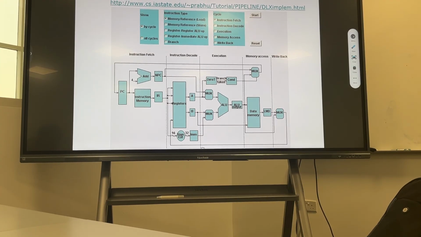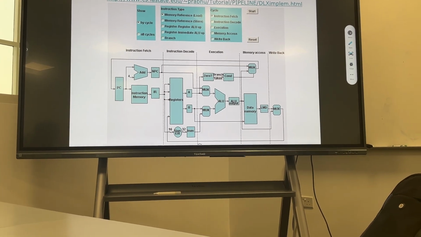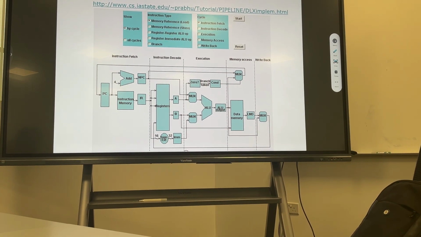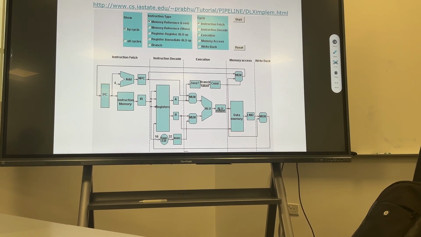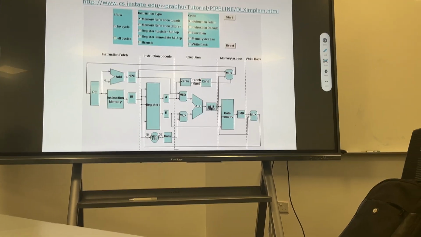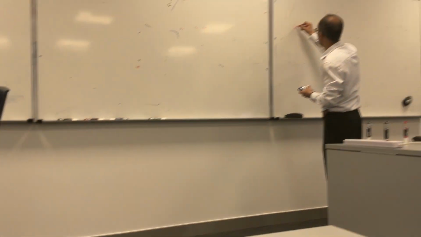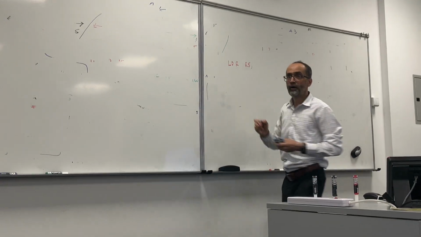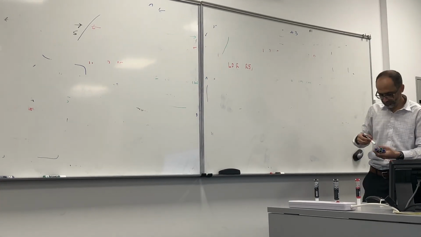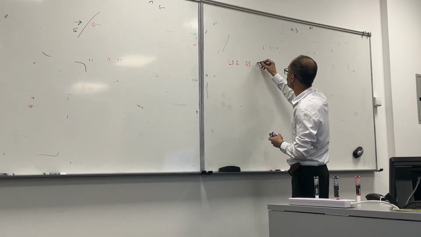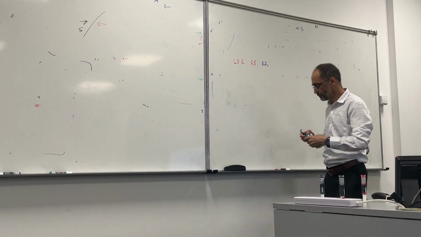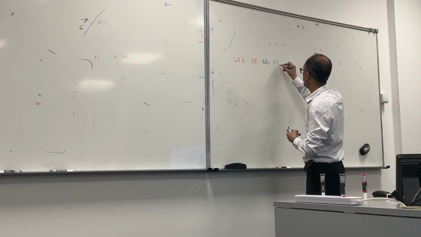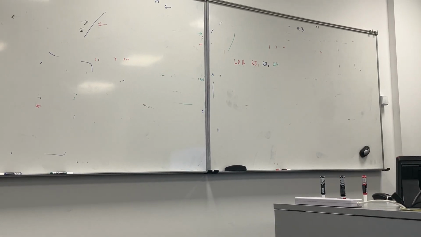Okay, now think that we have an instruction, and that instruction is LDR R5, R2, H4. Clear?